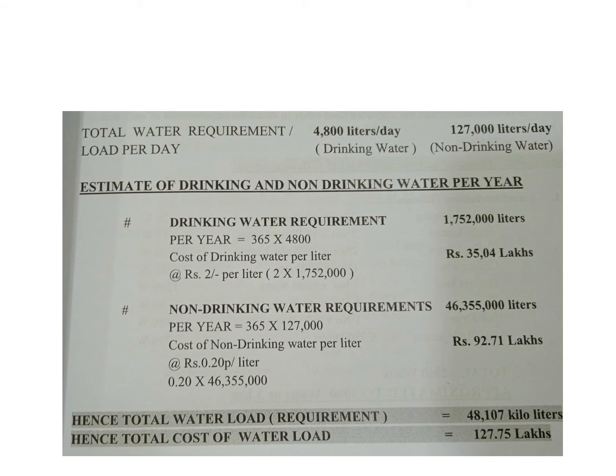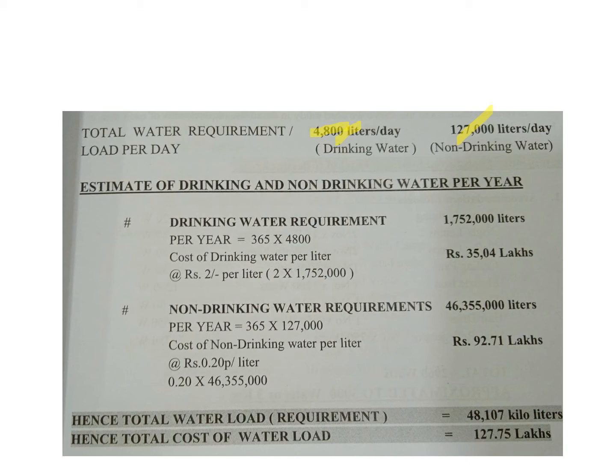Okay, so now going by the exercise we have done of the drinking and the non-drinking water, we arrive at 4,800 liters of water required per day for a 5-star hotel with 200 rooms, and 1,27,000 liters of water required per day which is non-drinking water.